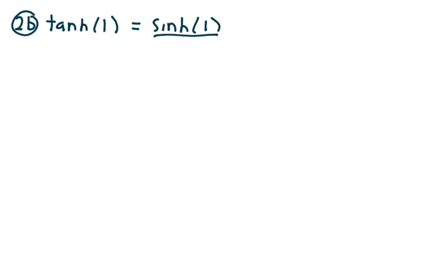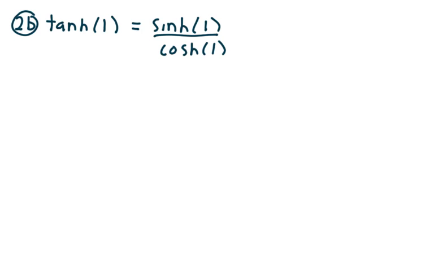2b. Suppose I want hyperbolic tangent of 1. Well, this is going to be sinh of 1 divided by cosh of 1. Now, we have to figure out what both of those are.